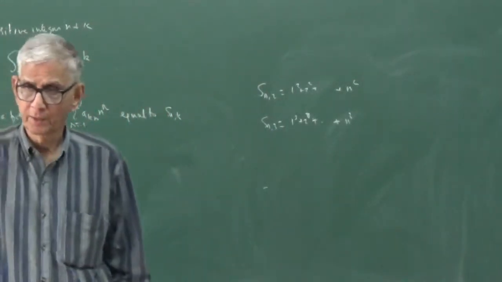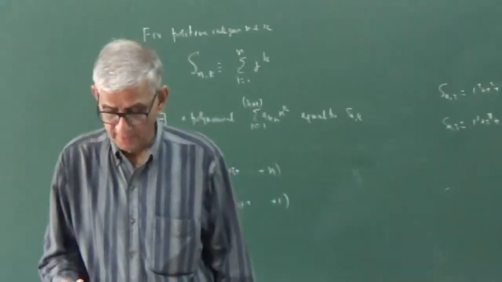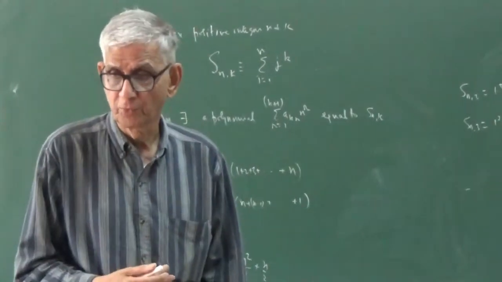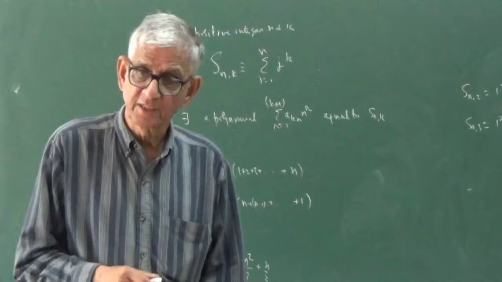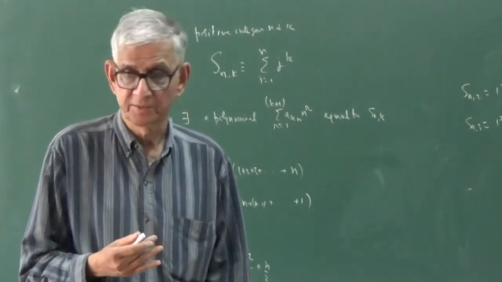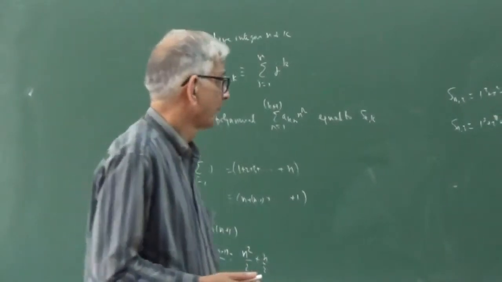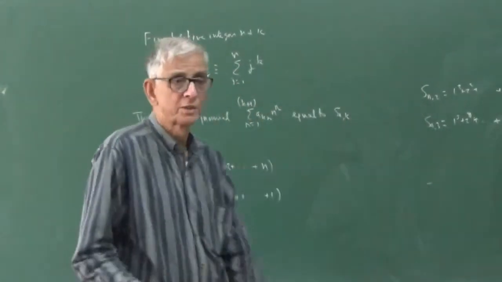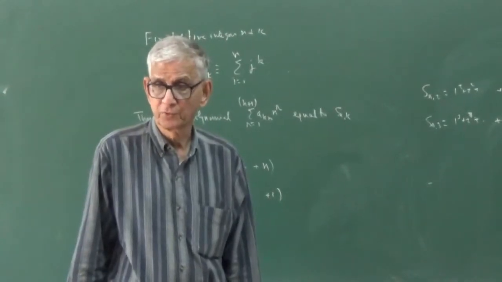In high school or in college, I don't know where it's offered, we are asked to give a proof of this formula. The formula is given to us, and then we have to verify it through the principle of induction. But I want to give a proof of this theorem without using the principle of induction, a direct proof.